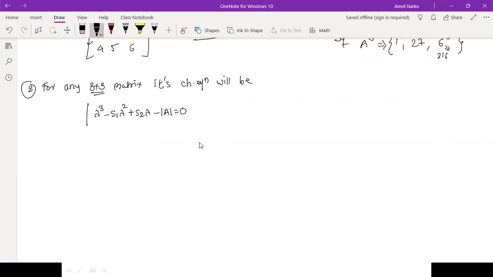This is the characteristic polynomial for any 3 by 3 matrix.